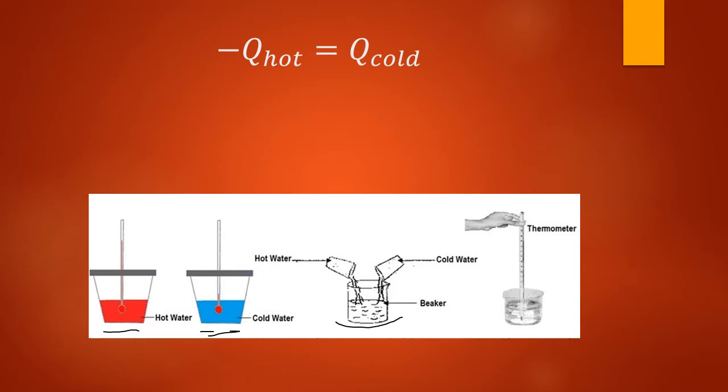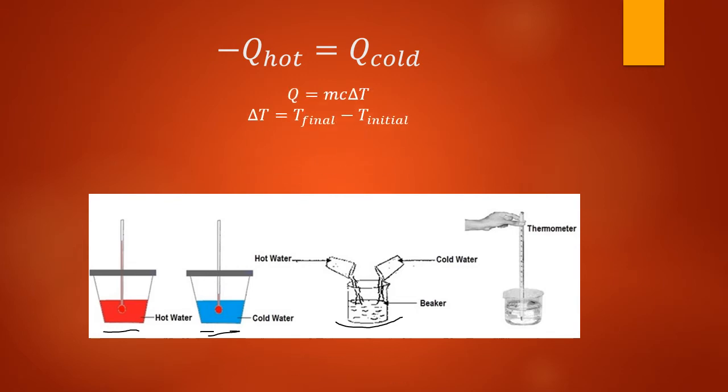Okay, we're going to mix them and then we're going to stir it, because since we have a hot object, hot water in this case, and a cold object, there can be heat transfer, right? The heat's going to transfer from the hot water to the cold water. So we're trying to measure this heat transfer with the thermometer.